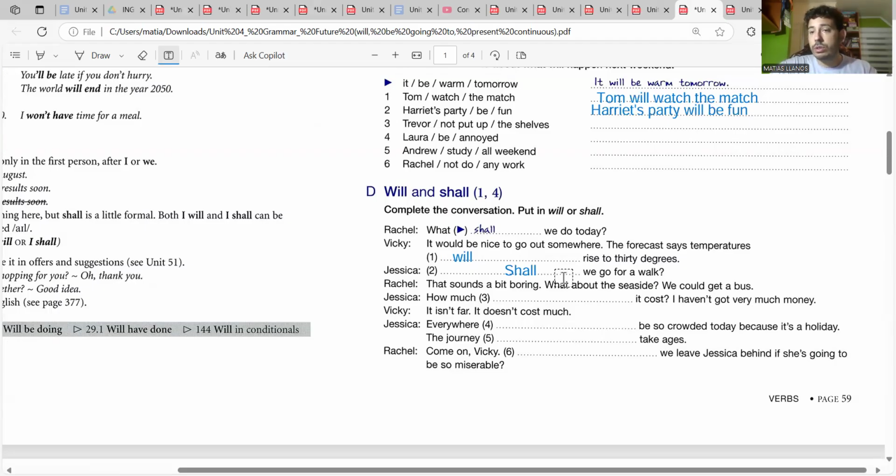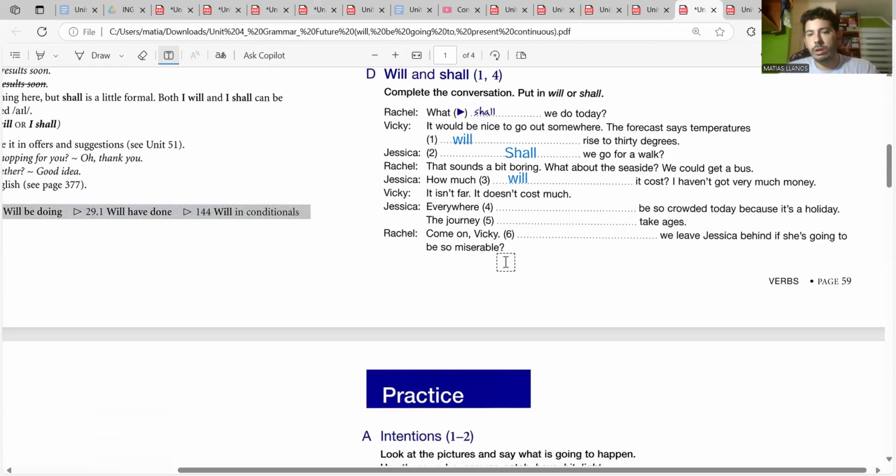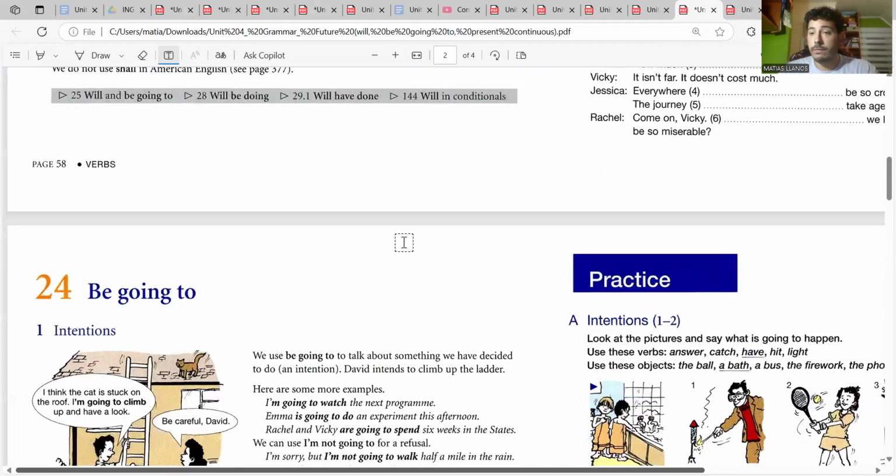So that's why I'm using shall in this part. I will use shall whether I use I or we for this exercise because it's telling me to use it. But you get the idea. Or, how much will it cost? It's like that. You have to use will or shall. Yeah, so that's the first page.